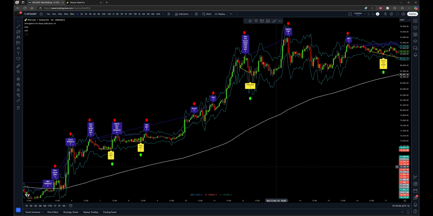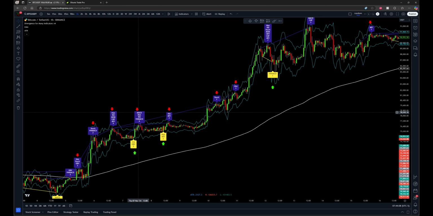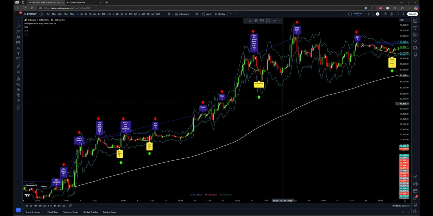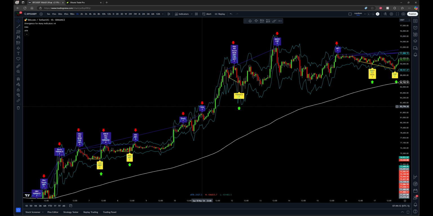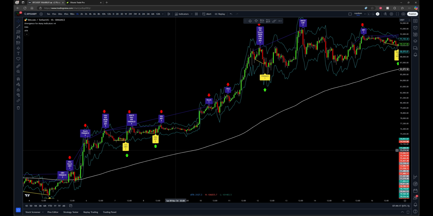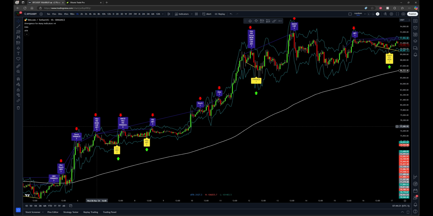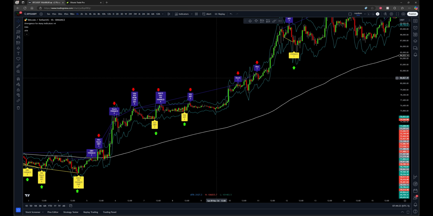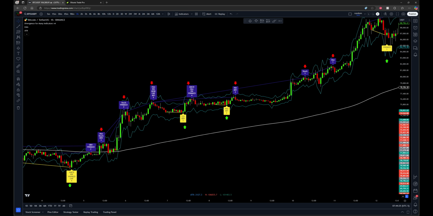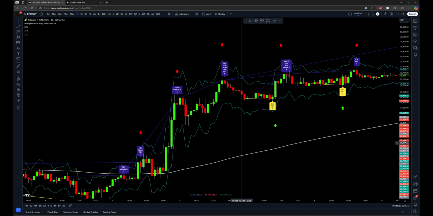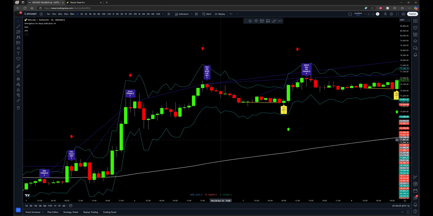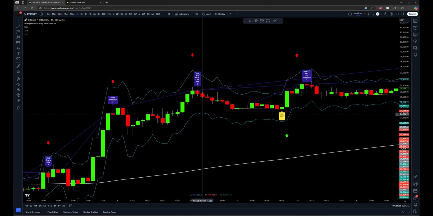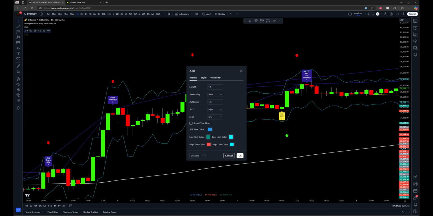But this time, each of these purple short signals with bearish divergence would actually be a short instead. So we would not be taking these longs. If price is over the 200 EMA and an uptrend, we would be looking to short when we have a bearish divergence. Stop loss is going to be placed according to the same rule as yesterday's test, which was this ATR stop loss indicator using 1.5 times the ATR.